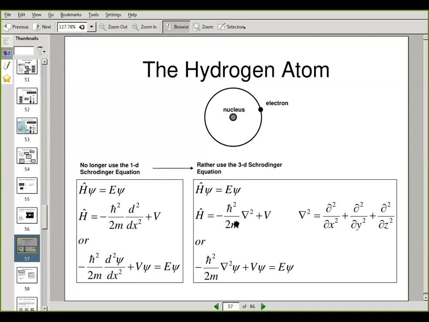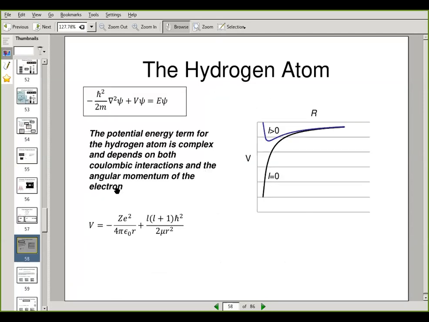So it's far more complicated in that respect, but it's even worse than that. You might recognize this e squared over 4 pi epsilon naught r as a Coulombic relation, and the electron and the proton have the same charge, although opposite, and of course that's why we have a negative there.